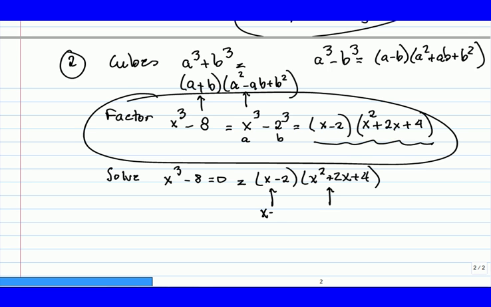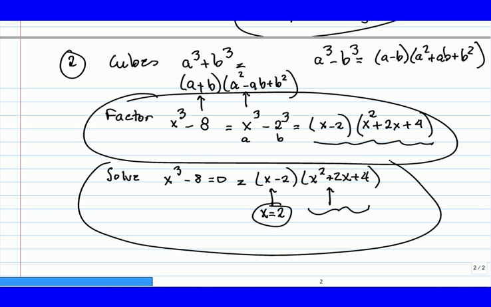This one is going to give you x equals 2. And guess what? This other factor is never 0. So the answer is x equals 2 to the question solve. You give this answer when they say factor, and you give this answer when they say solve.